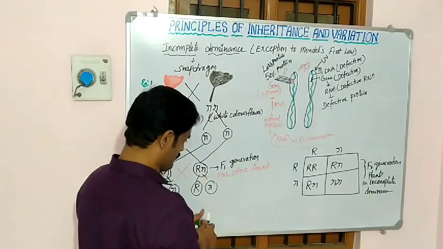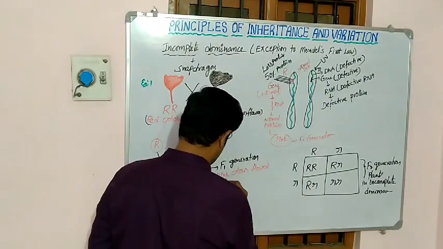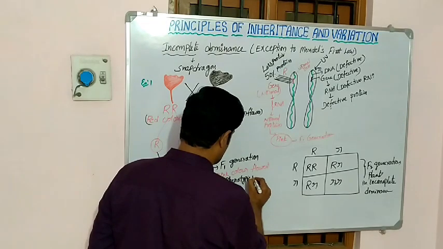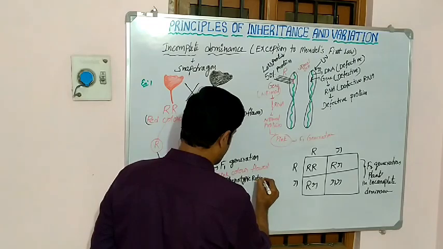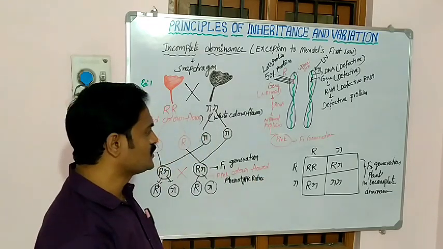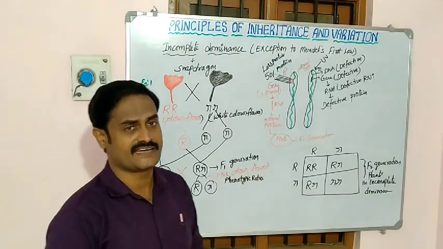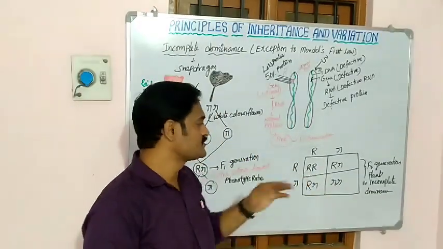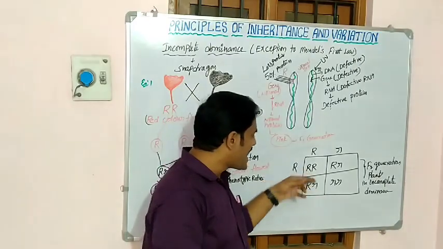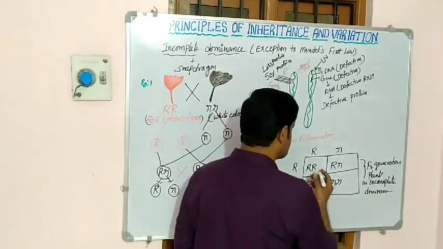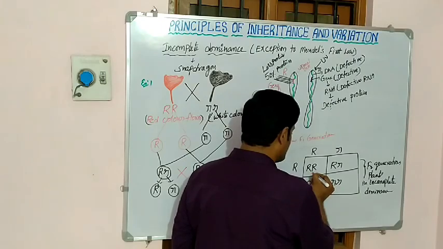So what is the phenotypic ratio? Phenotypic ratio means visible characters. So what kind of flowers are we seeing in the F2 generation? See, capital R and capital R indicates which kind of flower?